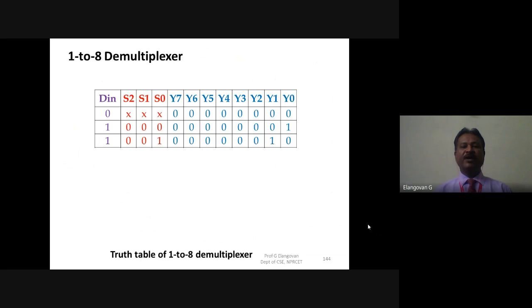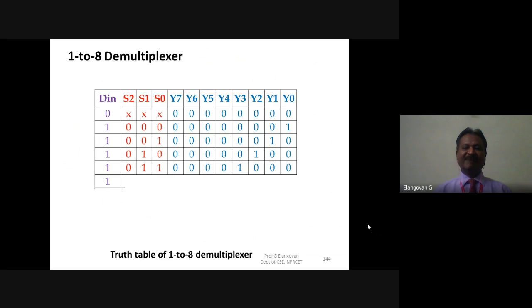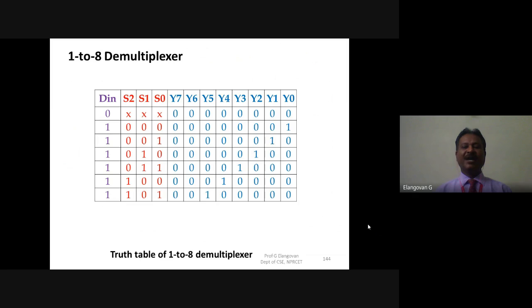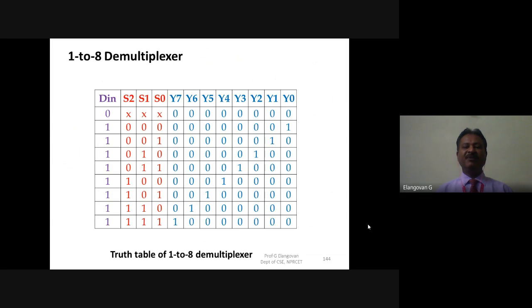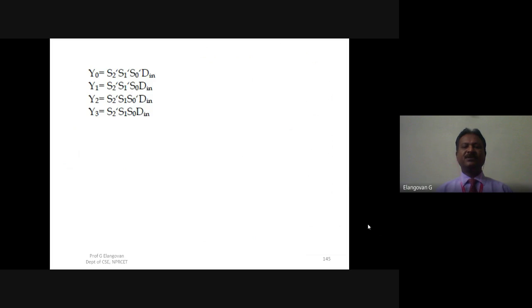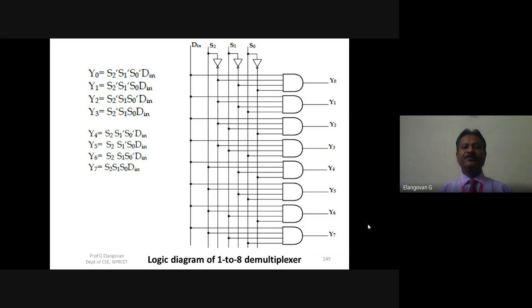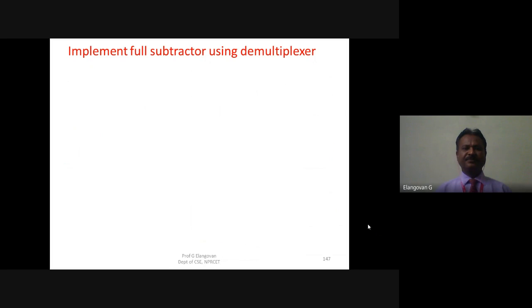So either Y0, Y1, Y2, Y3, Y4, Y5, Y6 or Y7 will be high level. You can see in the output columns that only one is high for any select signal combination. The same thing we can implement using a logic circuit, where any one of the outputs is high for the given combination.